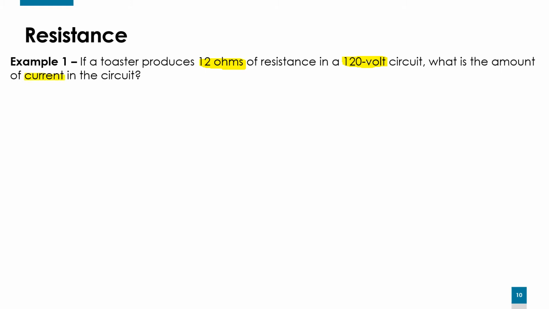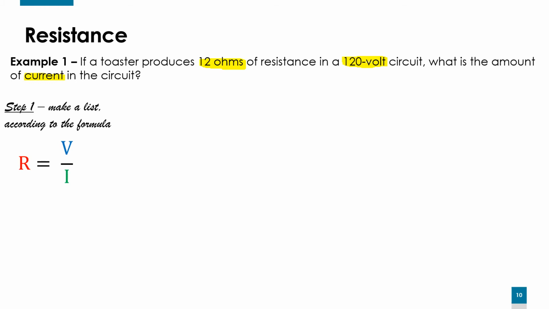What's the first step? Make a list. So let's remember the formula: resistance is equal to voltage over current. So let's make our list here. What do I have?